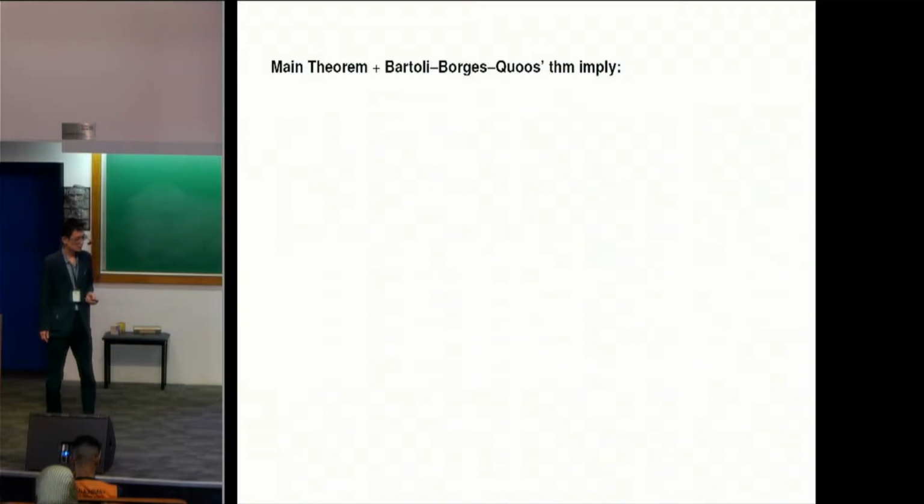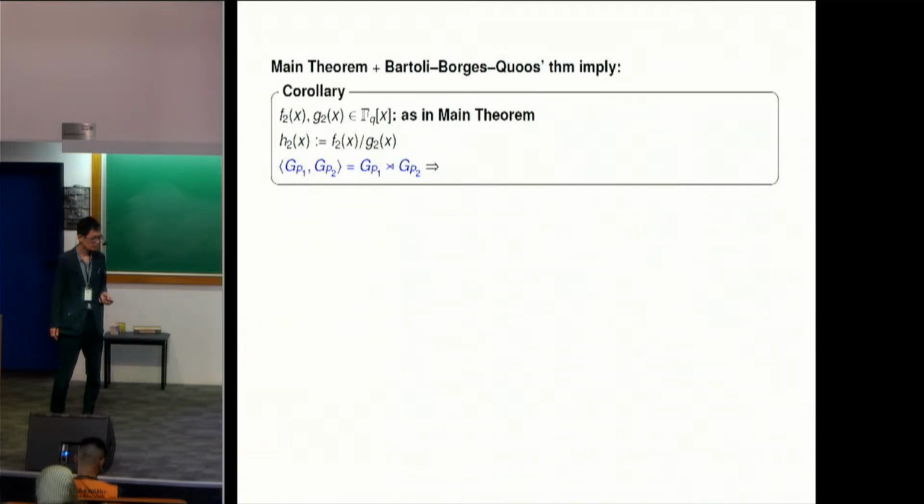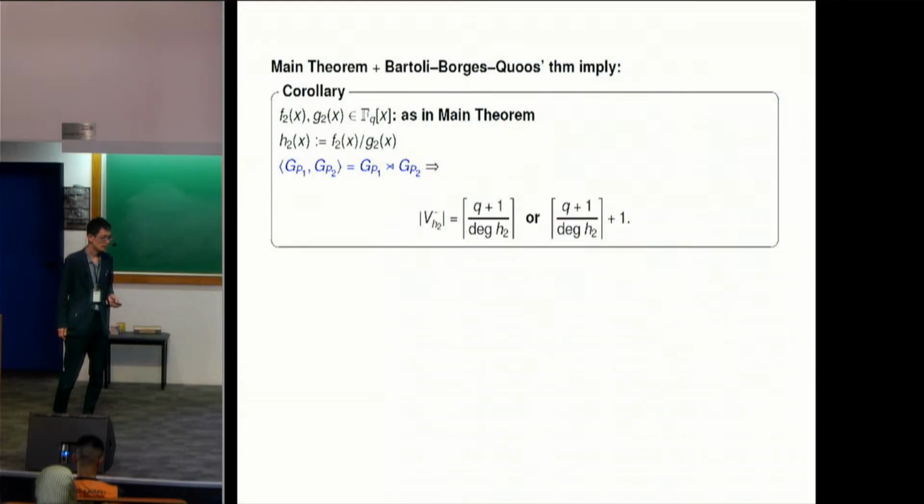The main theorem and the Bartoli-Borges-Quoos theorem imply the following corollary. Let f2(x) and g2(x) be as in the main theorem. If the generated group is the semi-direct product, then the size of the value set of h2 is the lower bound or the next.